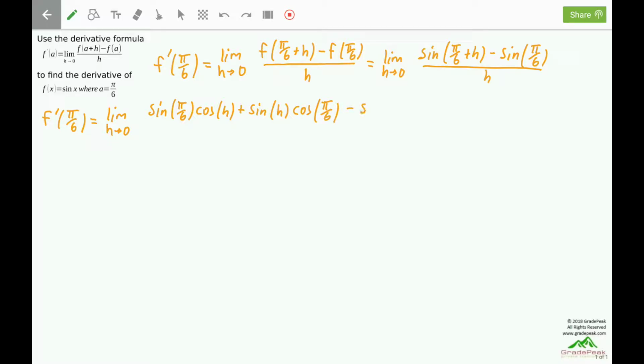And then we have this minus sine of pi over 6. And all of this is divided by h.